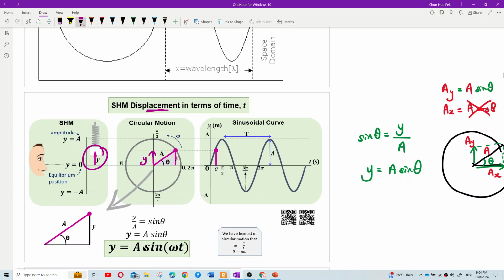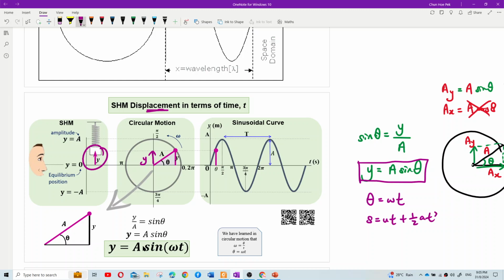Yeah, so we got this formula, y equal to A sin theta, and then after that class, we also learn theta equal to omega t. Remember that? Because we learn S equal to ut plus half at square, isn't it?